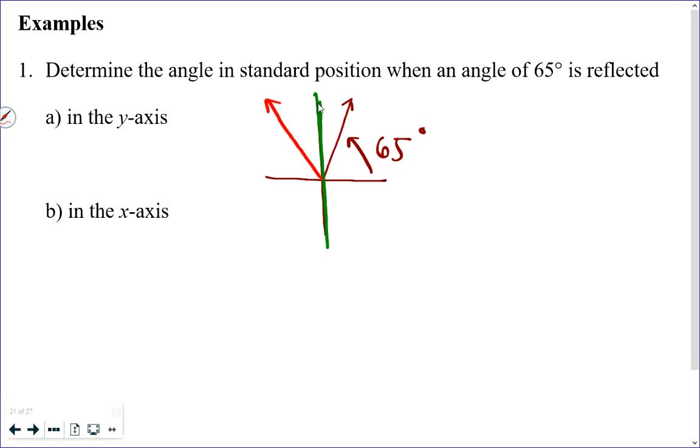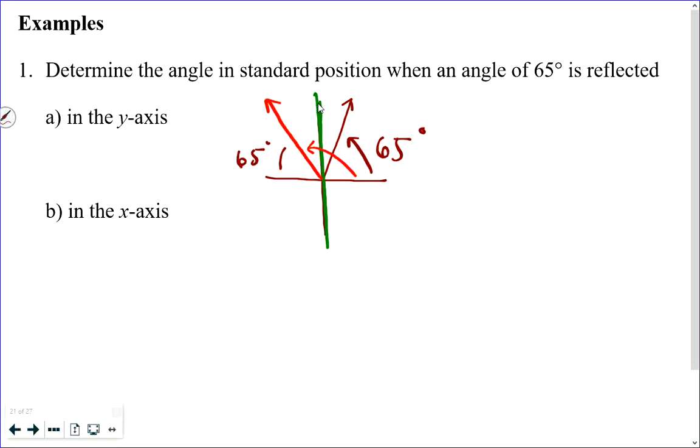And the question is, what is this rotation angle? Well, you can figure that out. Because if it's reflected, this has to be 65 degrees as well. Right? If I look at a reflection of my hands across the y-axis, it isn't that I reflect this hand across the y-axis and I get that. I get symmetry.